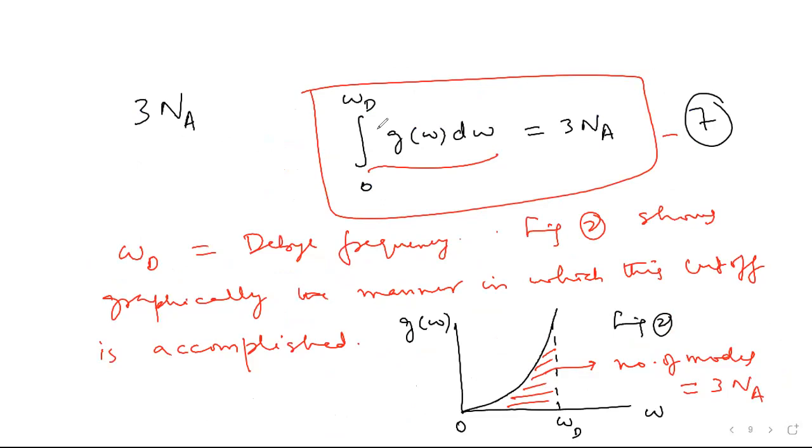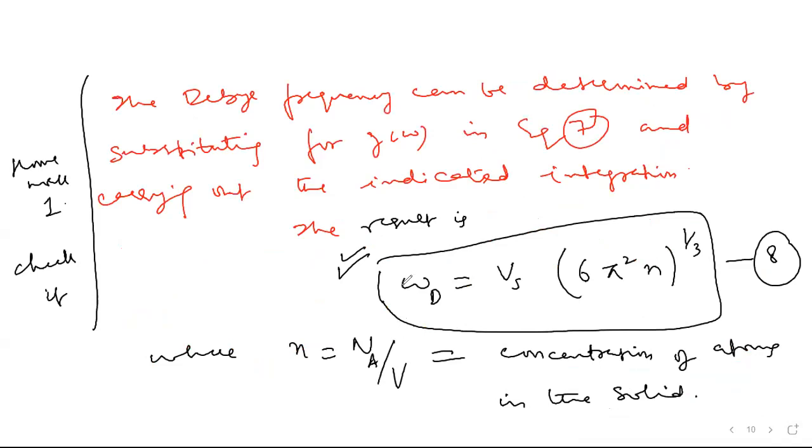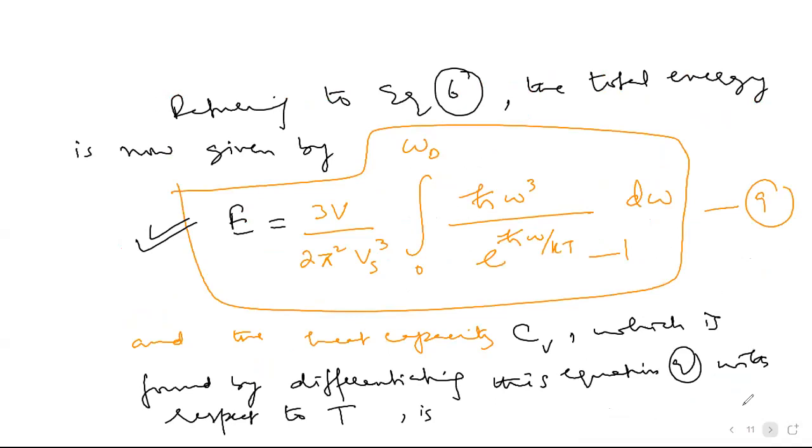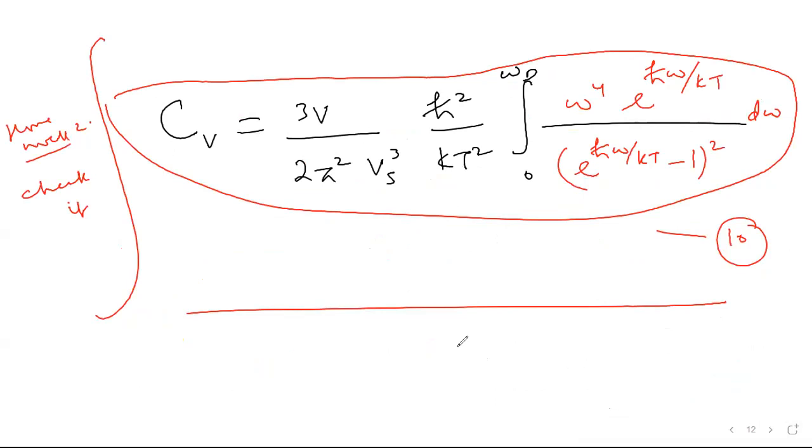So this integral g omega d omega from 0 to omega D must be 3N A. Then from that we defined this Debye frequency, and I gave you homework to solve for omega D. Then when we put the limits, we got this total energy expression. Then I gave you another homework to differentiate it with respect to temperature and to obtain this expression 10. So we are here. This is the expression for heat capacity per mole of a solid at constant volume according to Peter Debye. So we stop here.